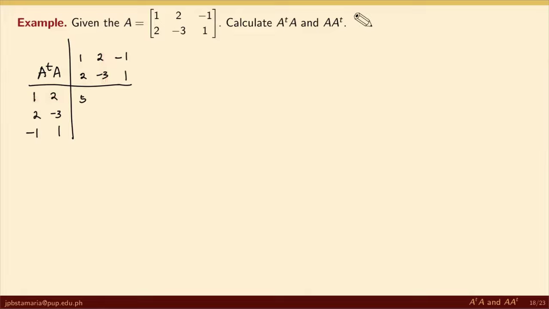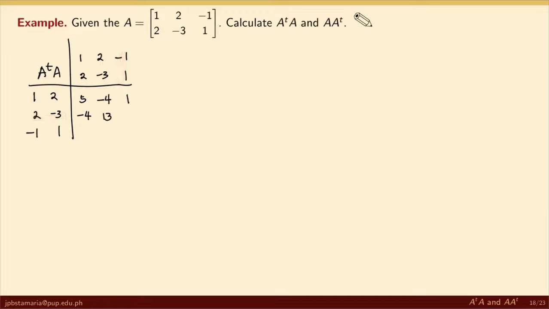Row 1, column 2 is 2 minus 6 is negative 4. Is that correct? Tama ba yun? And then we can check my multiplication if it's correct. Okay. Negative 1 plus 2, it's 1. Okay. Then we'll do this. Second row, first column, 2 minus 6 is negative 4. And then 4 plus 9 is 13.